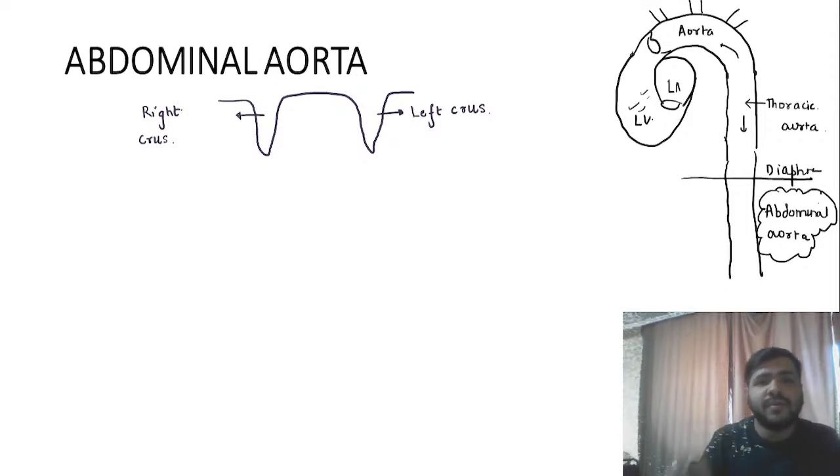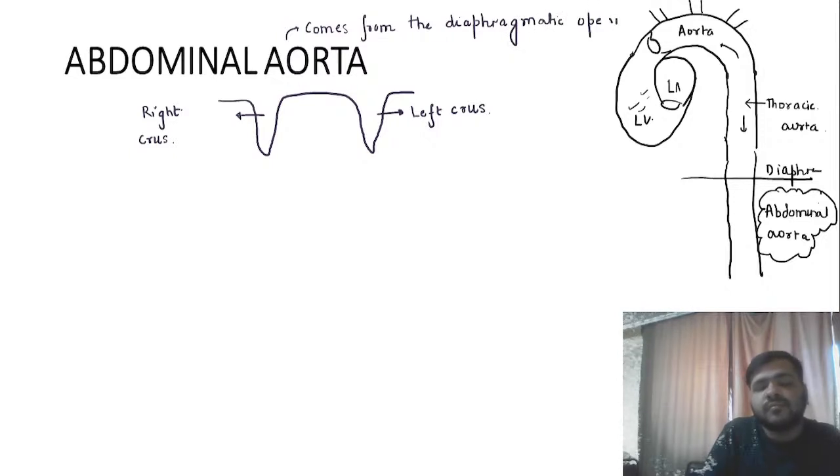The abdominal aorta comes from the diaphragmatic opening between the right and the left crus of the diaphragm.